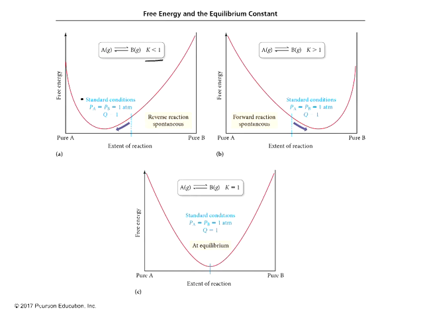So under standard conditions, we're going to assume that the pressure of A is equal to the pressure of B, which is equal to 1 atmosphere. So Q will be equal to 1. And we're going to see that the reaction proceeds in the reverse direction. So the reverse reaction is spontaneous.